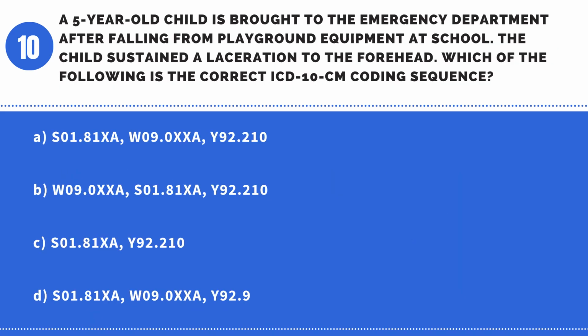Question 10. A 5-year-old child is brought to the emergency department after falling from playground equipment at school. The child sustained a laceration to the forehead. Which of the following is the correct ICD-10-CM coding sequence?